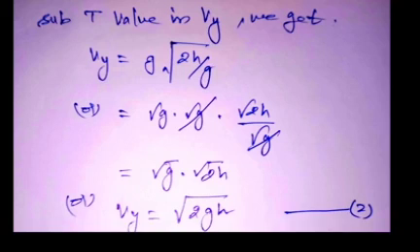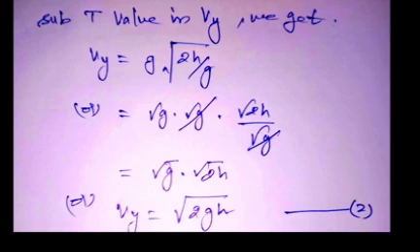Now I am going to split the square root inside the right hand side, so I get root g into root g into root 2h by root g, and cancel root g, and I get root g into root 2h, and multiply this value, and I get v of y is equal to square root of 2gh.